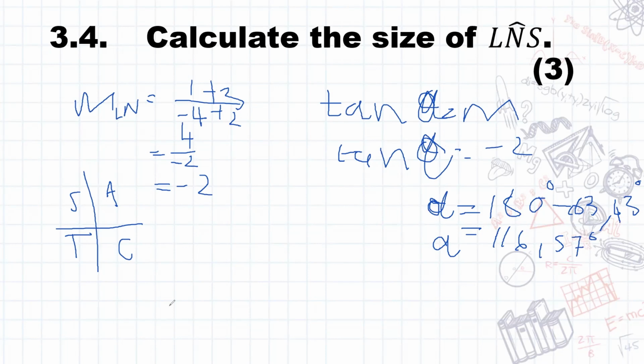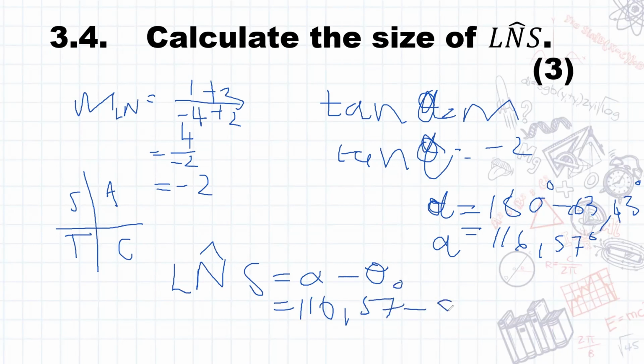They've asked us for LNS. So we need to now calculate the final angle, and LNS is found by taking alpha and subtracting theta. And so we have 116,57 minus 53. Remember, we found theta in the previous question, 13 degrees, which is equal to 63,44 degrees.